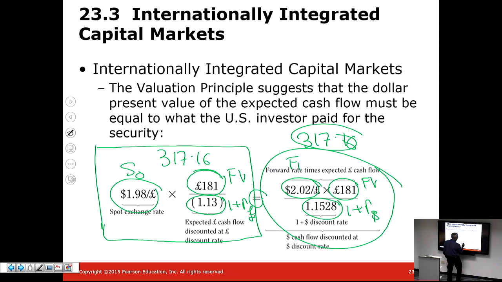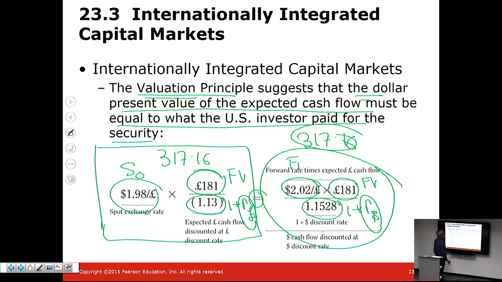If those two things match this equality, then the interest rate market in Britain is fully integrated with the interest rate market in the US. The valuation principle we're using here is that the dollar present value of the expected cash flows must equal what the US investor paid for the security.